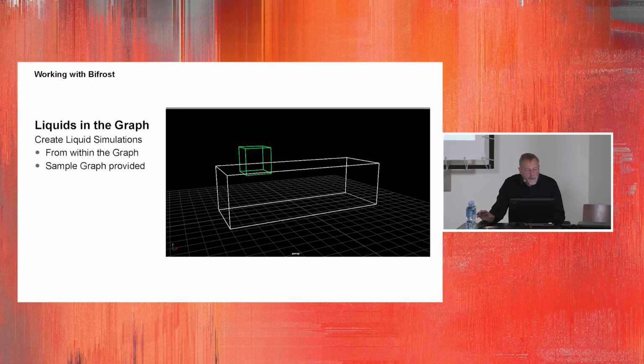So coming back to that water thing here, that is a brand new thing, liquids in the graph. We did have liquid simulation in Maya before, and it was even Bifrost. It was called Bifrost 1.0, and it was an interactive way to create water simulations, or liquid simulations, as we call them.